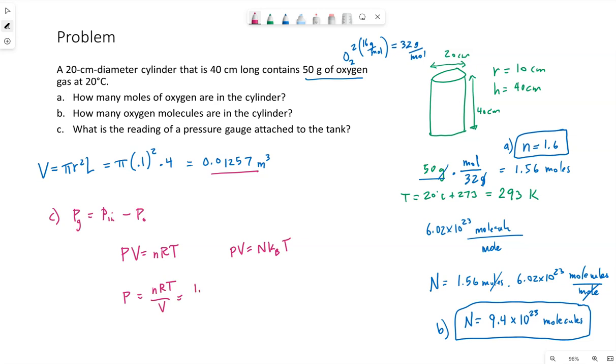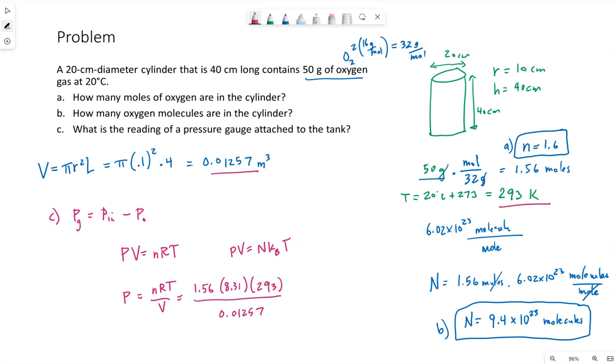Now I'm going to use the not quite so rounded number of moles in my calculation to minimize rounding errors. So my temperature, this one does need to be in Kelvin, which we already found. The volume is in meters cubed.